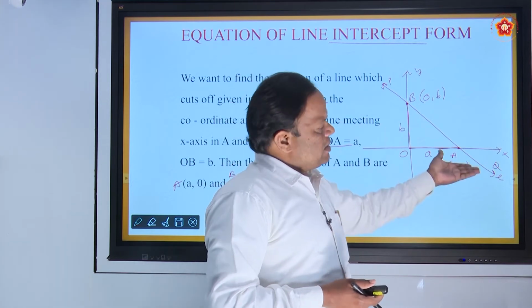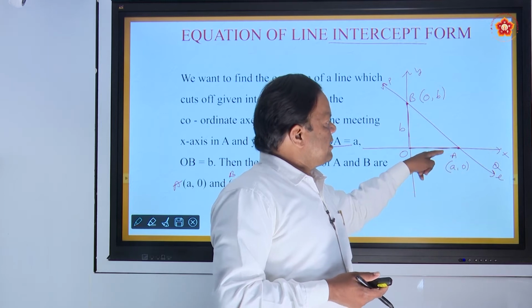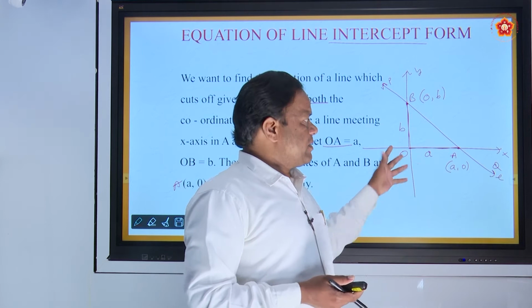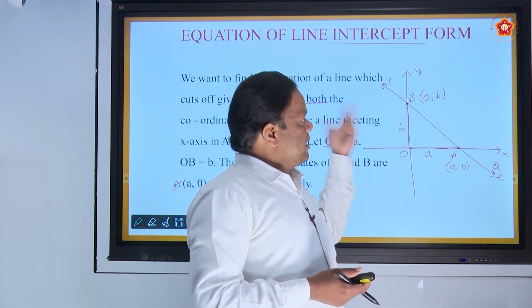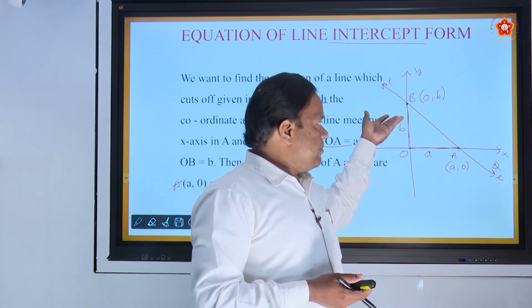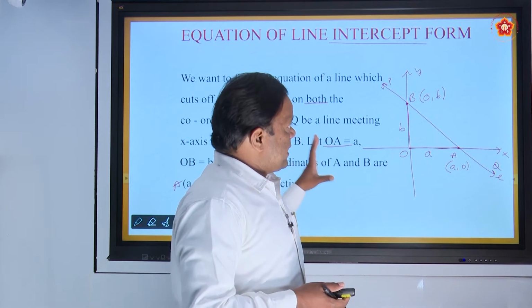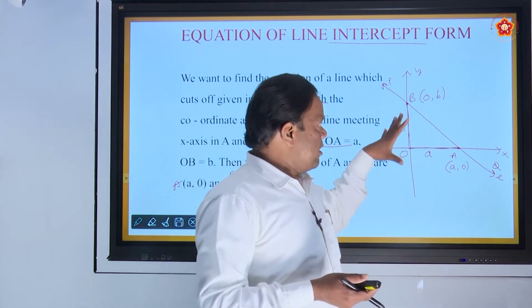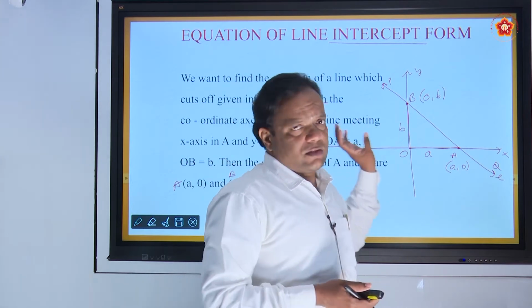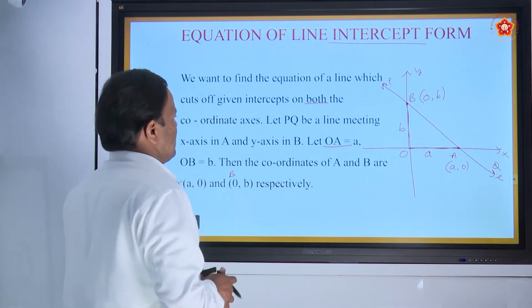No need to take PQ, you can take LMN or simply L. Don't take X and Y for the points, you will get confused with the axes; take another M and N instead of A and B. No problem, but take them correctly. Draw the correct figure, and whatever you write should belong to the figure only. This is very important.